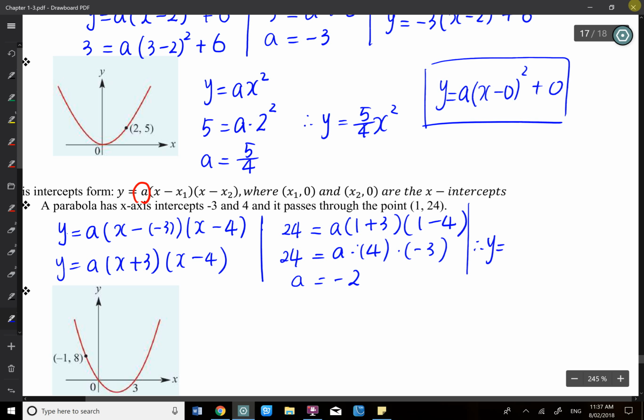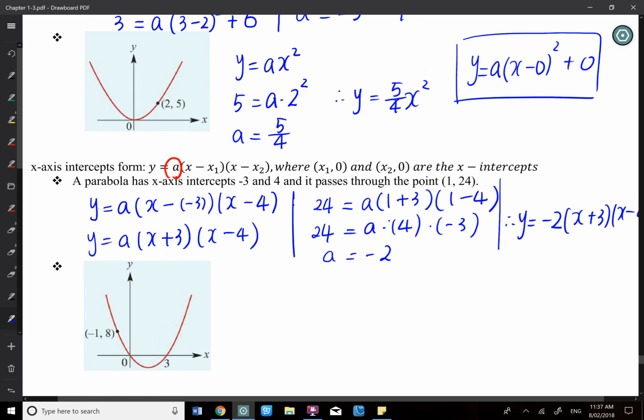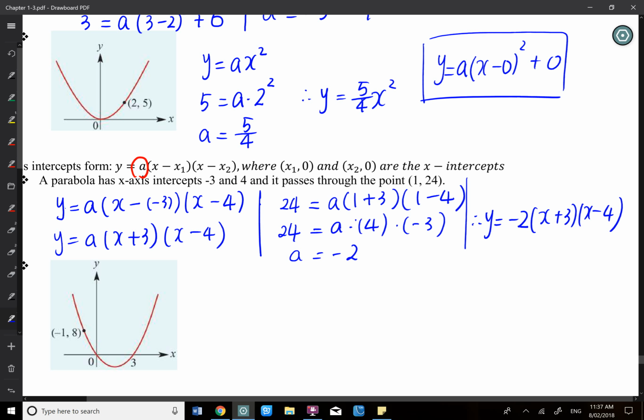So y is -2(x + 3)(x - 4). That's the three methods for how we can find the equation for the quadratic, which are very basic and very useful. So in year 12 we still need these skills.